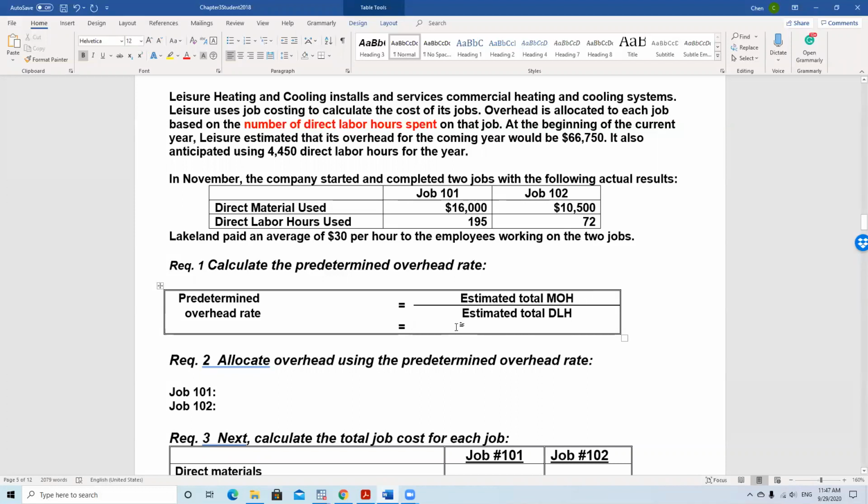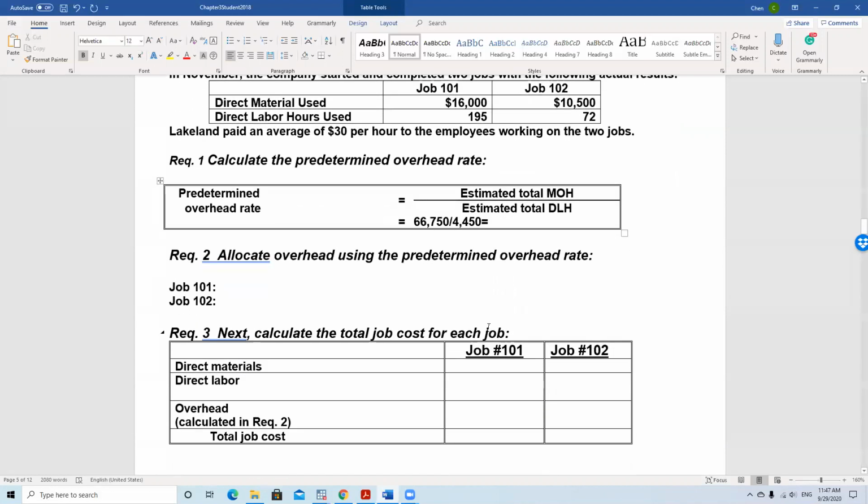And you find these numbers, total MOH 66,750 divided by 4,450. And I'll probably just calculate these numbers. 66,750 divided by 4,450 is 15.